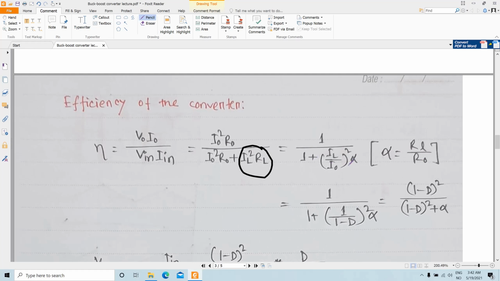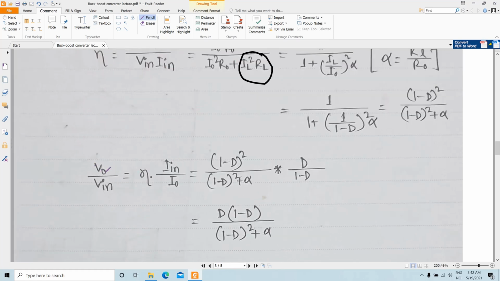And then if you do this average output current relationship with the average inductor current, you can replace it with 1 divided by 1 minus D, and by doing some manipulation you end up with (1 minus D) whole square divided by (1 minus D) whole square plus alpha.